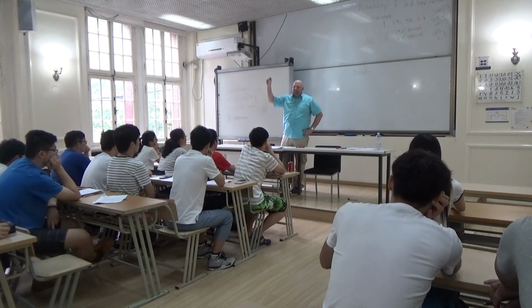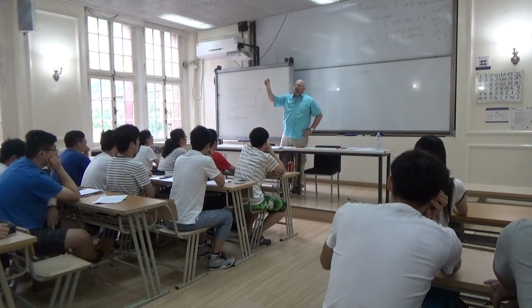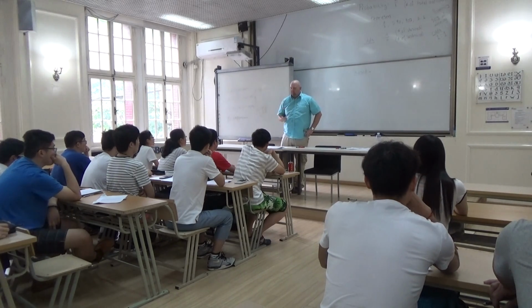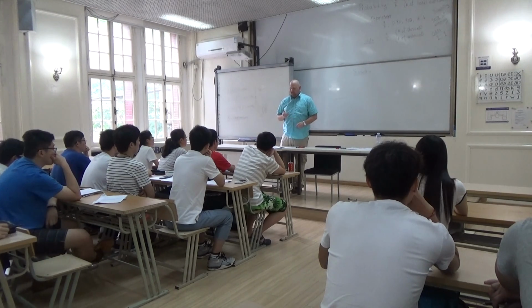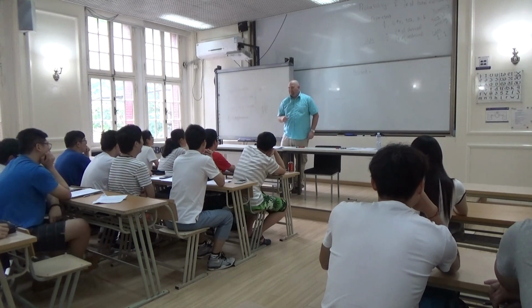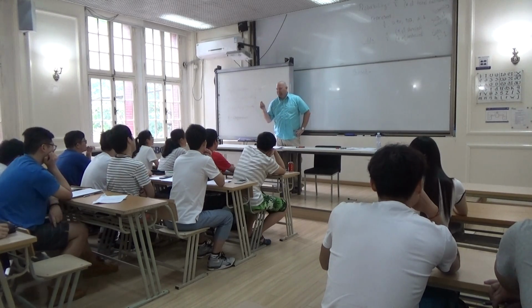Heads, tails. What does that mean if I say it's biased? If I flip the coin, I get heads. If I flip the coin again, heads. Flip the coin again, heads. It's biased. What does that mean?